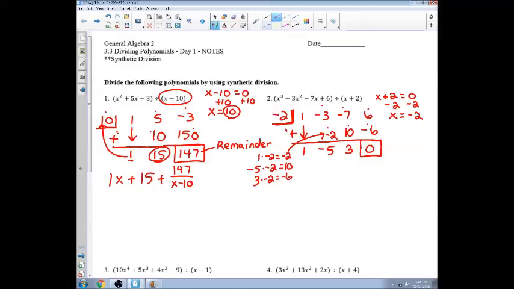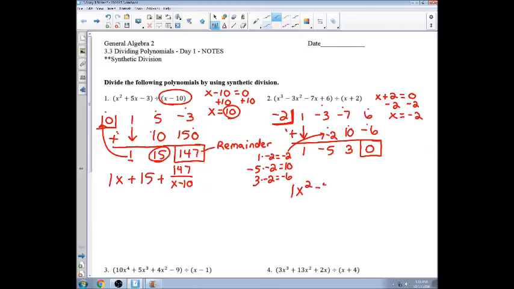That is my remainder. The last number there is always my remainder. So in this case, I do not have a remainder, but to stay with the same process we've been using, I'm still going to write it in there. Okay? Remember, I started with x to the third. So in my new polynomial I'm writing, I'm actually going to start with x 1 degree less than that, so x squared.